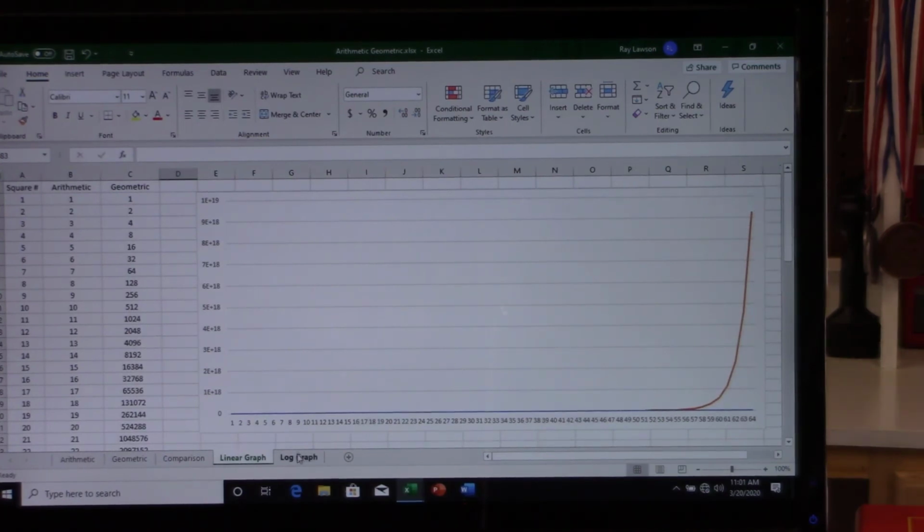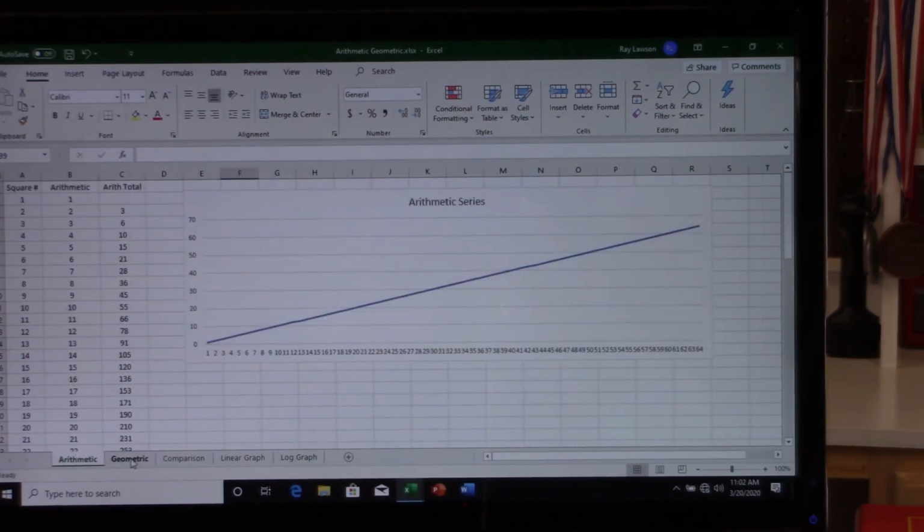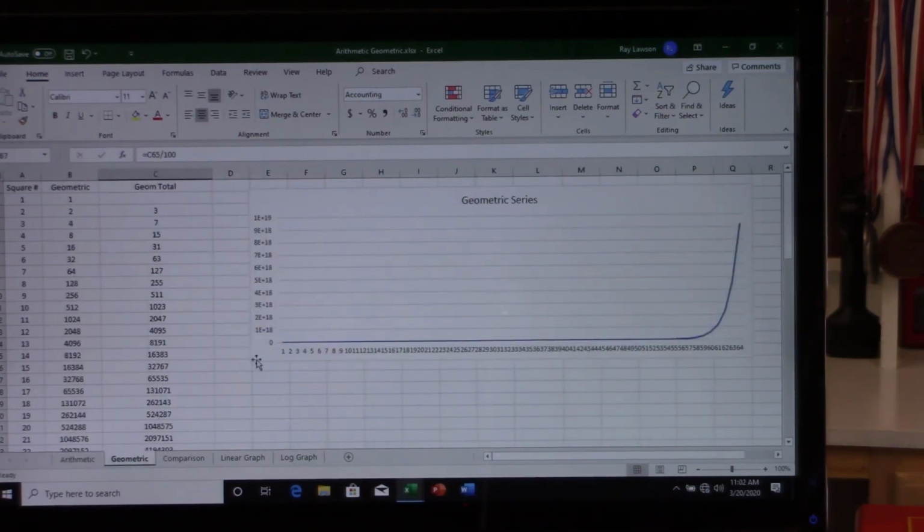If I plot that on a graph that has a logarithmic axis for this axis, what we see is the arithmetic series comes up and tends to plateau off like this, but the geometric series becomes a straight line on a logarithmic graph. So I hope that helps explain the difference between arithmetic and geometric series.